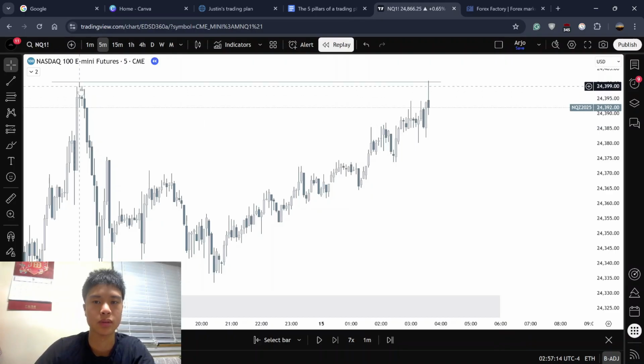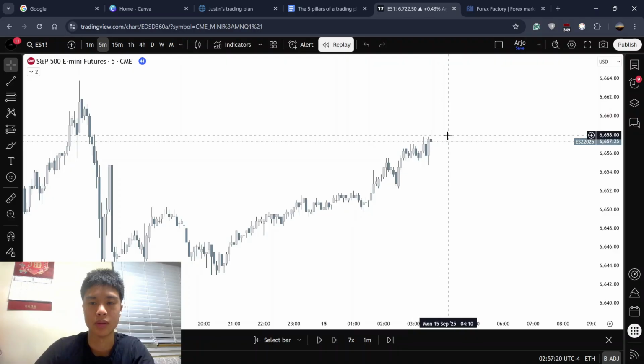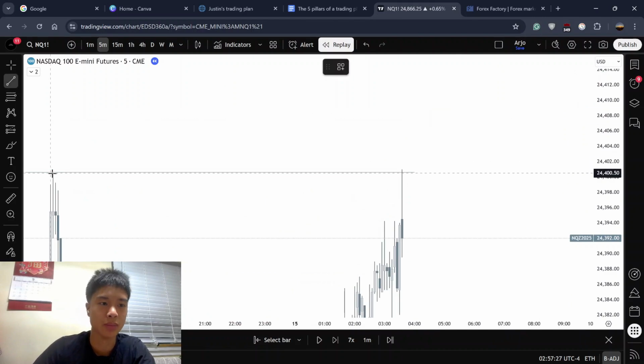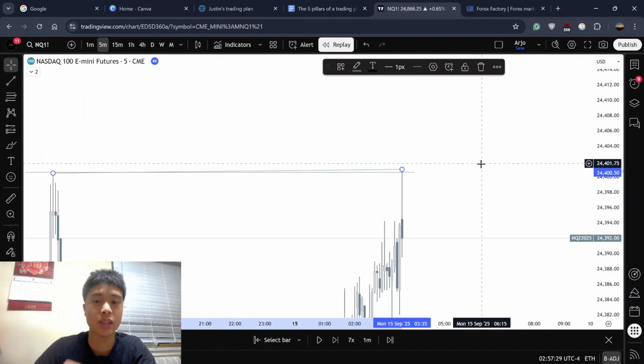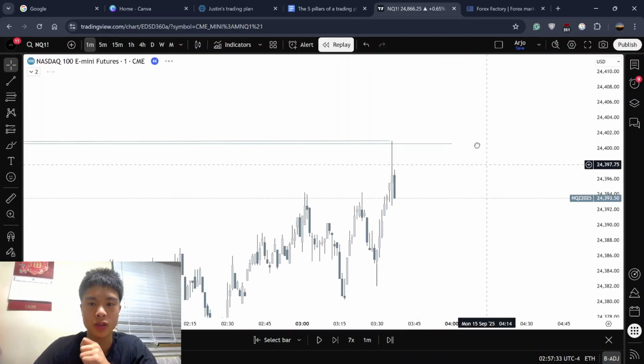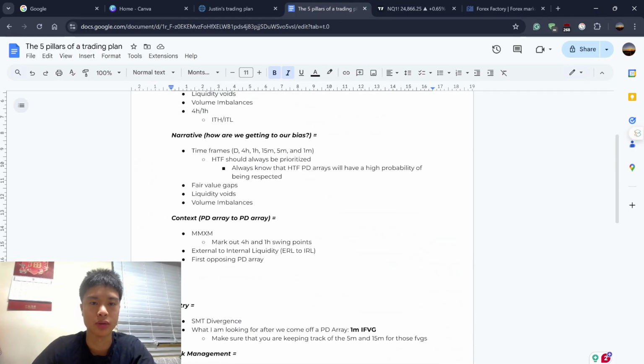We swept the swing high on NQ, and then on ES we didn't sweep it. Right? That's really, really important. That shows us that we have a bearish SMT put in place at this swing high, a significant level for us. Right? So now our job is to enter, and that's where our entry model is.